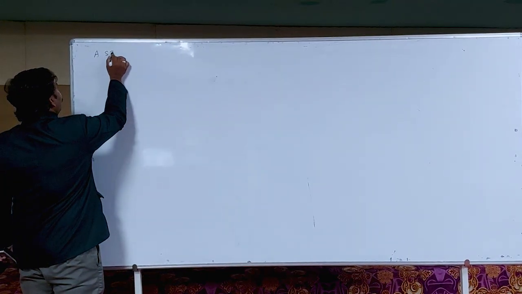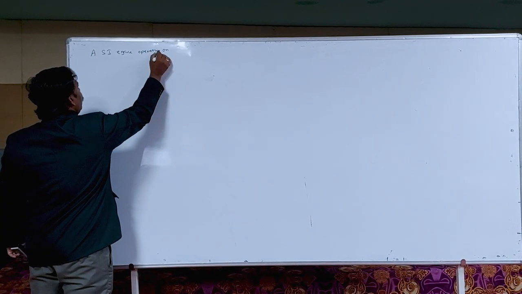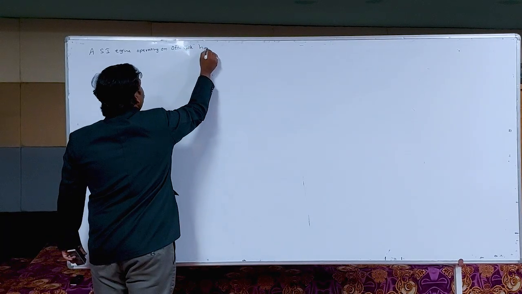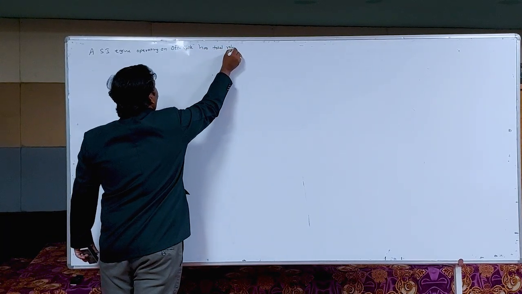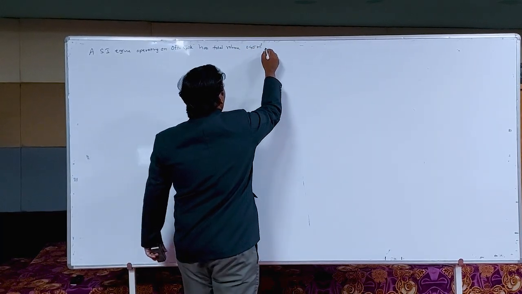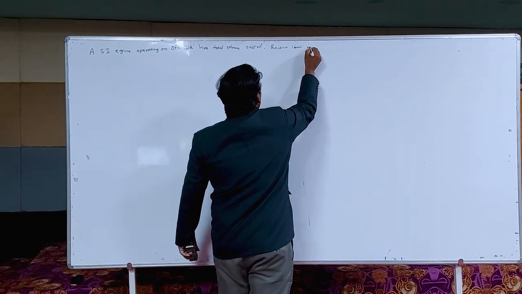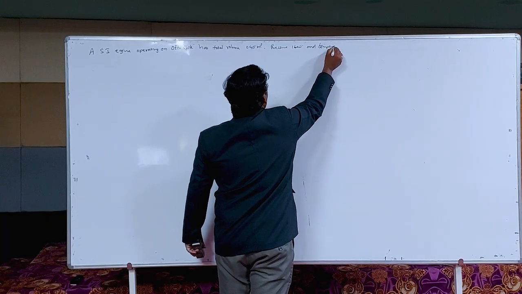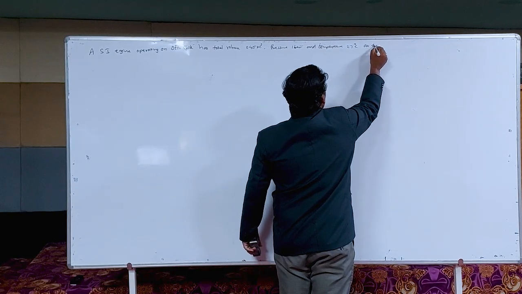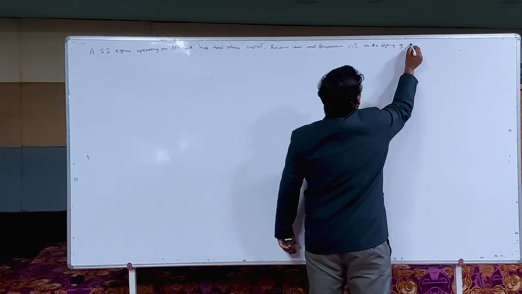A SI engine operating on Otto cycle has total volume 0.45 meter cube, pressure 1 bar, and temperature 27 degrees Celsius at the beginning of the compression stroke.